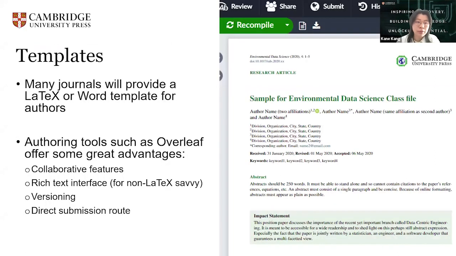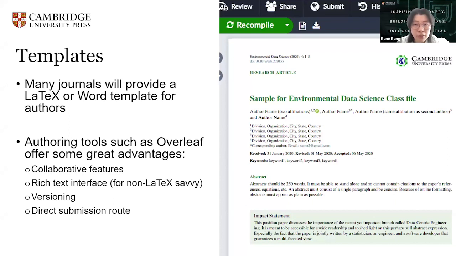Okay, so this is something we talked about in the first session, Overleaf. Many journals will provide a LaTeX or Word template for authors. Authoring tools such as Overleaf offer some great advantages. Cambridge is also cooperating with Overleaf.